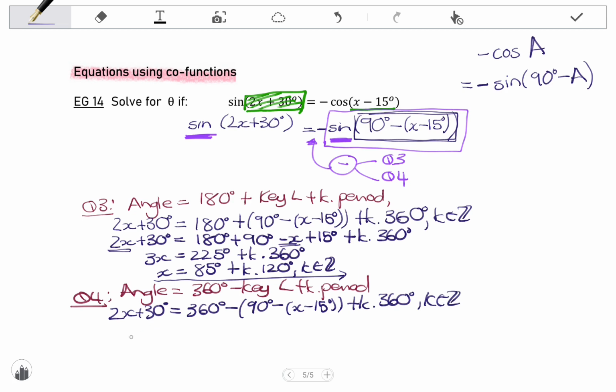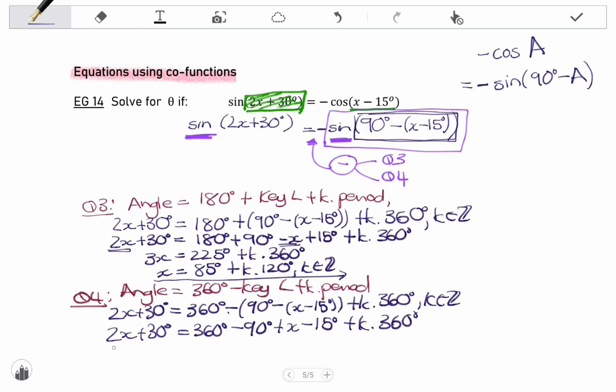So simplifying this, 2x + 30° = 360° - 90° plus x, minus minus, so that's negative 15°, plus k times 360°.